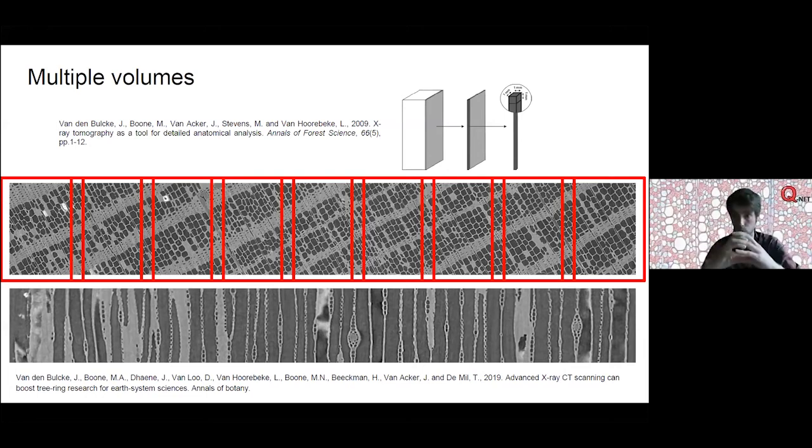So you take different volumes, you stitch them together, and then you can slice through them in any kind of direction that you want. Well, Tom was mentioning, like, I want to select my slice. So what you see here is resolving anatomical details. These are 10 or 11 volumes, I don't remember, that we have been stitching together and then slicing in a virtual way in any direction that we want.